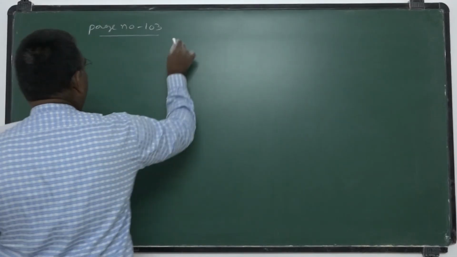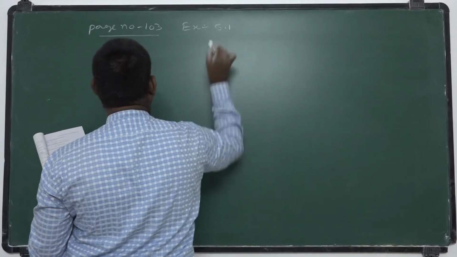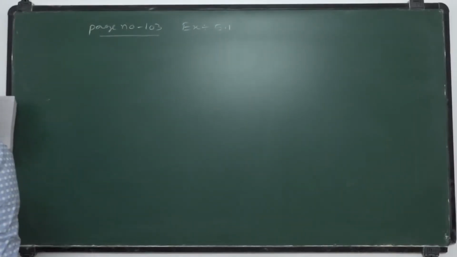Exercise 5.1: Express each of the following complex numbers in the form a plus ib.